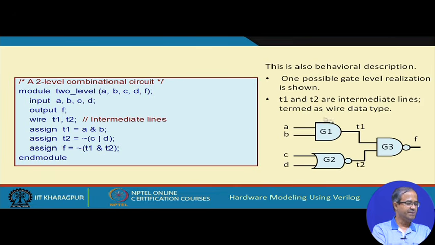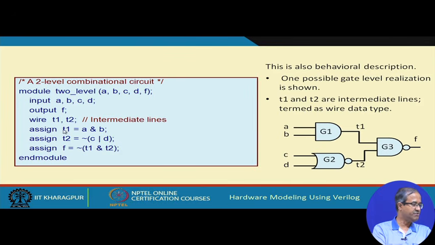T1 equal to A and B, suppose we implement it using an AND gate. T2 equal to NOR of C and D, we implement using a NOR gate, and finally F we implement using a NAND gate. So, this is a 2-level design, and using assign we have defined it in a kind of structural way, because we have also mentioned the interconnection.